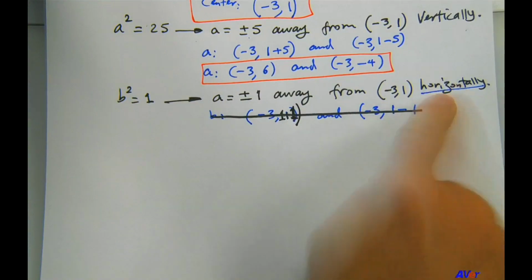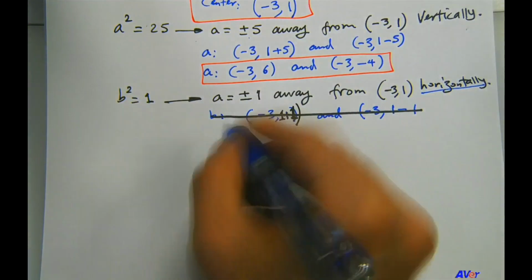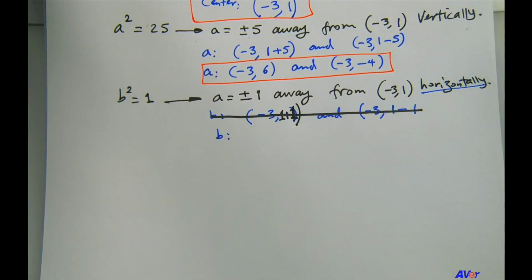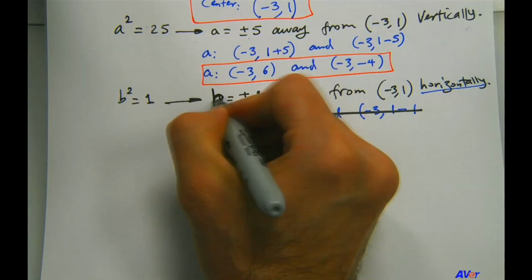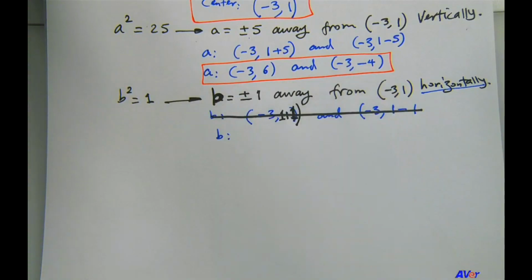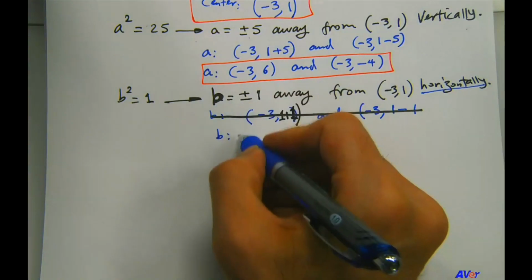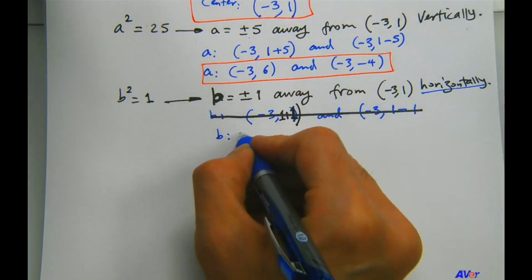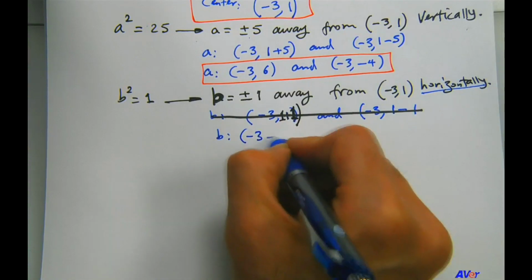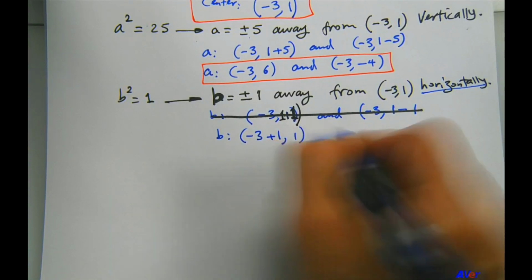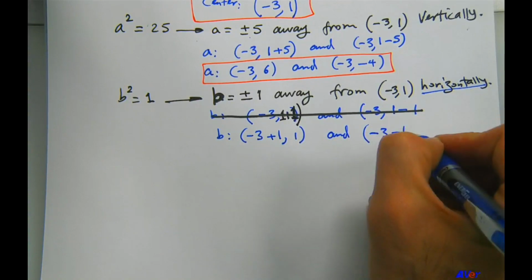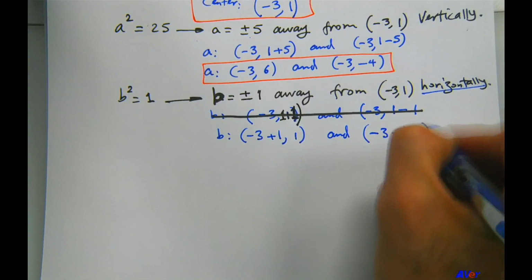It has to be horizontal, so this is b, and it will be away from the center horizontally: minus 3 plus 1 comma 1 and minus 3 minus 1 comma 1.